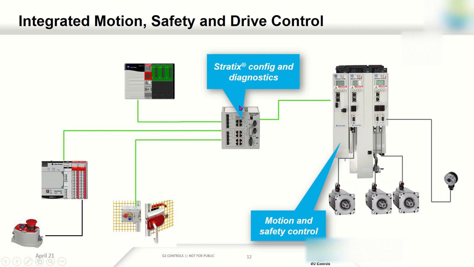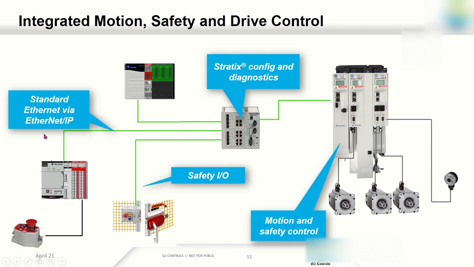We can do it from the Stratix switch. Then safety IOs like safeguard, door safeguard, like that. In standard Ethernet via EtherNet/IP protocol, some push buttons. Then the controller owns everything. We can access all the devices from the controller.